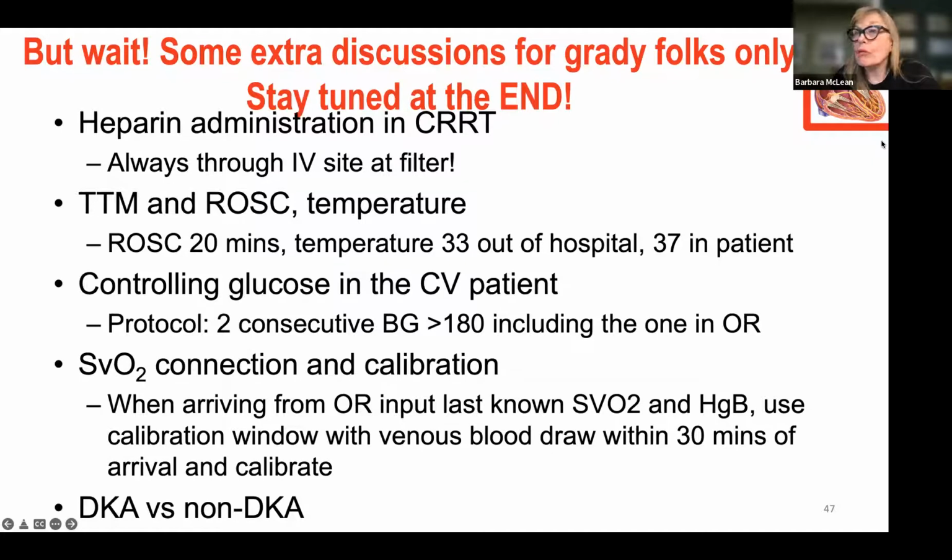So for 33 and 37, shiver control is absolutely essential. Propofol, buspirone, Tylenol, fentanyl, dexmedetomidine, Demerol, paralytic. You do not allow patients to shiver for an hour or 2 hours or 3 hours. You have to nip that immediately.